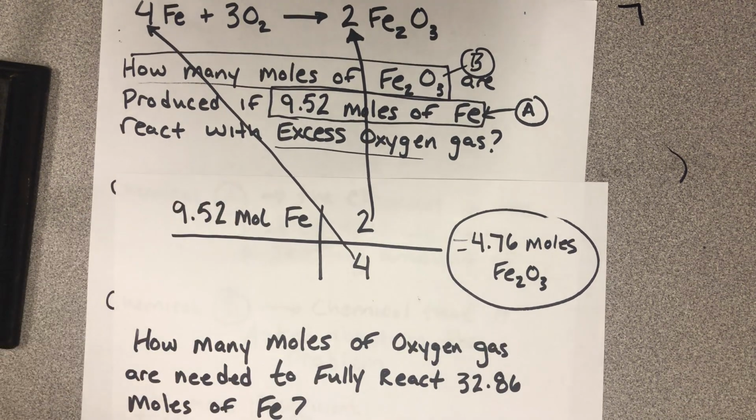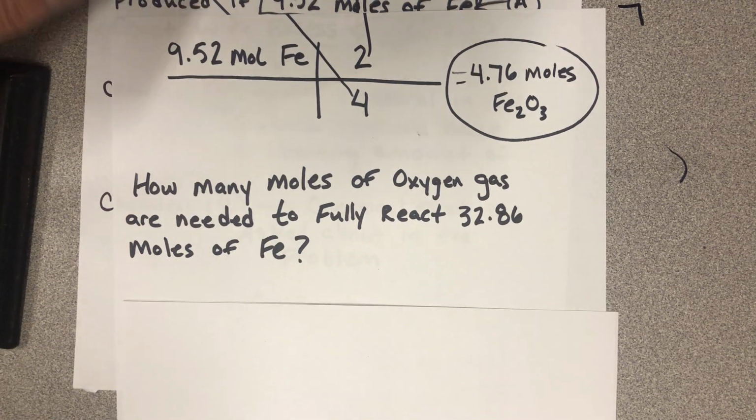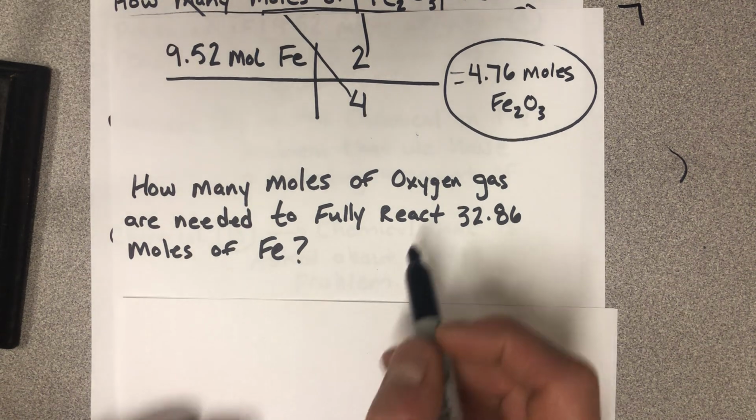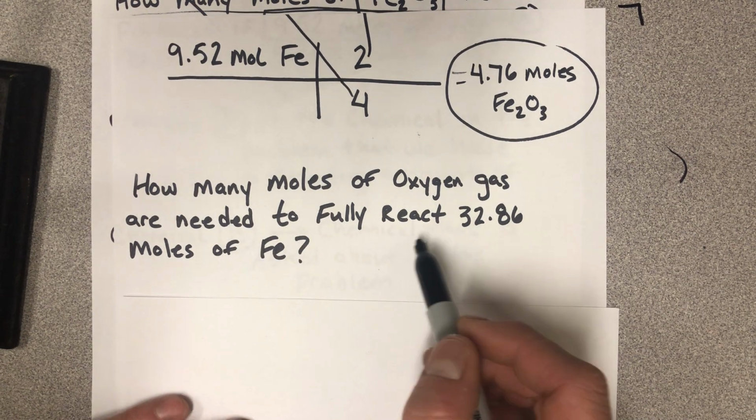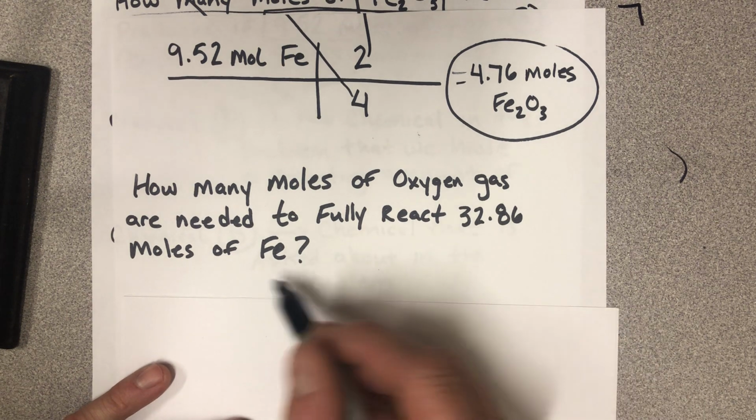Let's do a couple other problems just to solidify all this. We'll work with the same equation just for simplicity's sake. How many moles of oxygen gas are needed to fully react with 32.86 moles of iron?